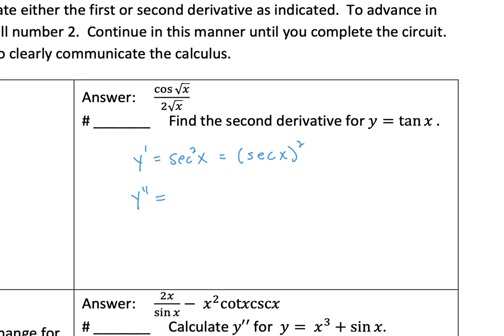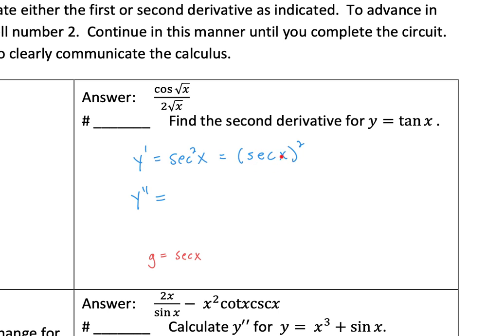Now we're going to do a chain rule for this one. Let's do the inside function first. The inside function, we'll call it g, is secant. That's plugged into the outside function. If you're not sure, whatever the inside function is, make that whole thing x, and that's the outside function.